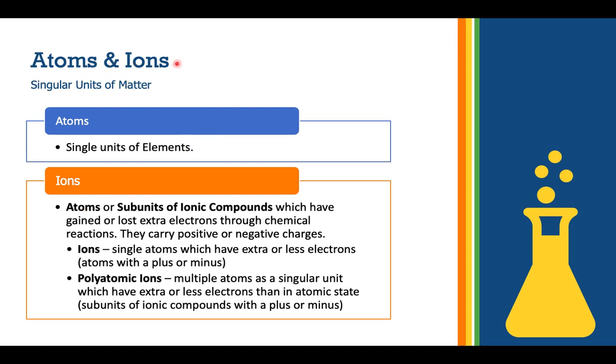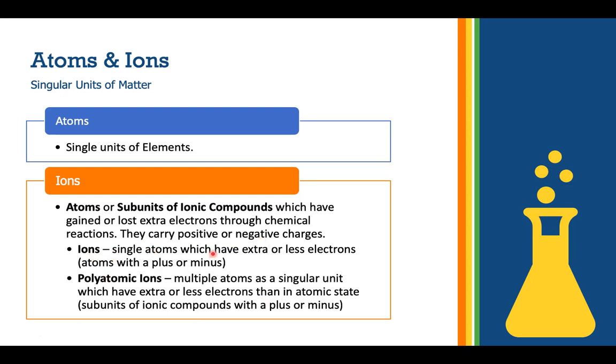So we have atoms and ions, which are single units of matter. Atoms are the single units of elements. Hopefully that makes sense by now with the diatomic and monatomic explanation. Ions are atoms or subunits of ionic compounds which have gained or lost extra electrons through chemical reactions. They carry positive or negative charges.